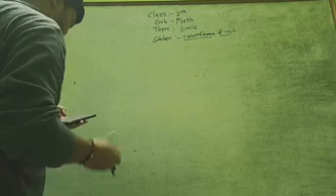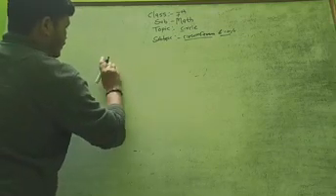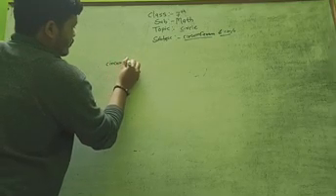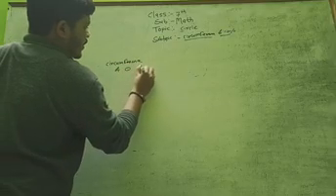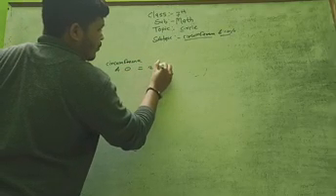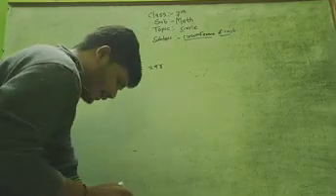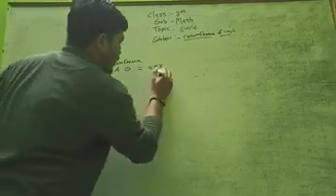Now, what is the formula to find out the circumference of the circle? Circumference of circle is equal to 2 pi r. 2 pi r is the standard formula. Now, what is the value of pi?